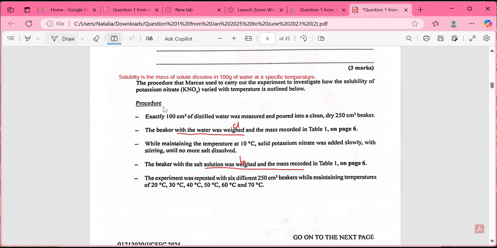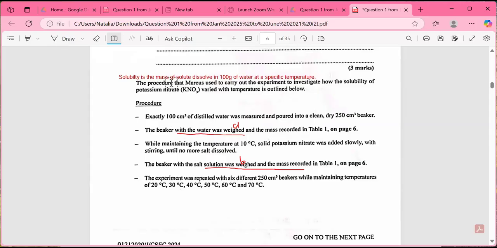They are using 100 grams of water, so whatever mass of solute dissolves at a specific temperature, that is the solubility. 100 centimeters cube of water is the same thing as 100 grams of water.